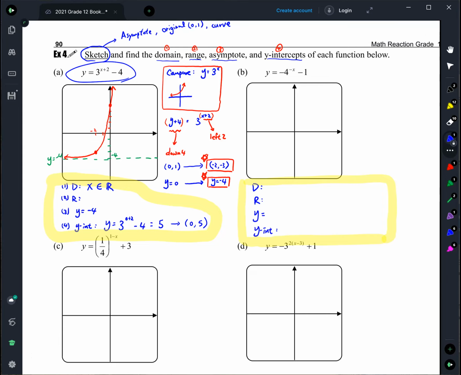So since the graph points to the left forever, never stopping, and it also extends to the right side forever, rising to the right and never stopping as well, so all real numbers.